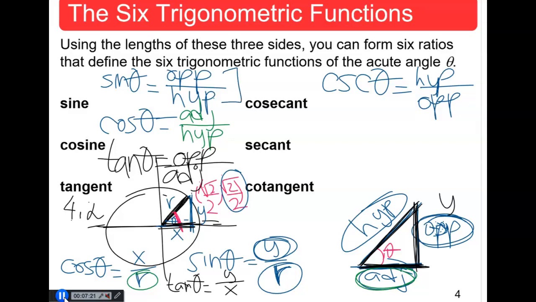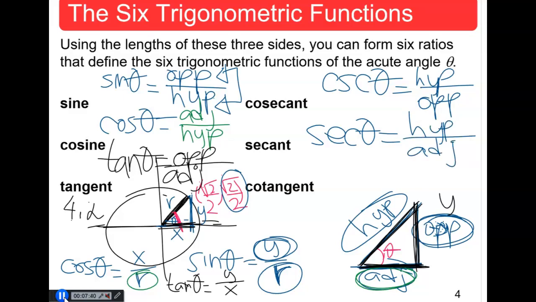So we are flipping or interchanging the numerator and the denominator. For secant, the abbreviation is SEC, and that will be the hypotenuse over adjacent, the reciprocal of this one.